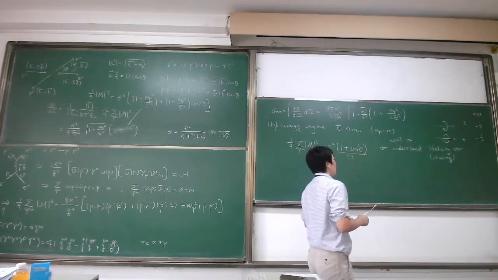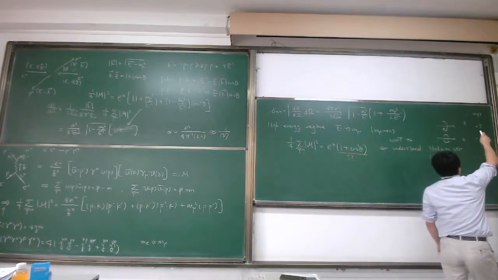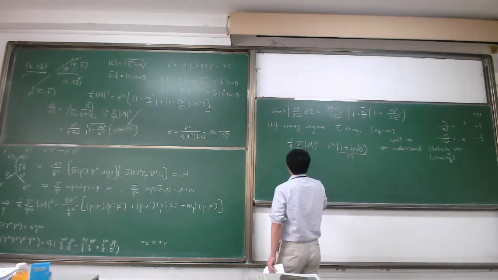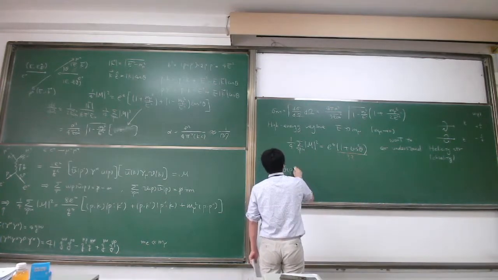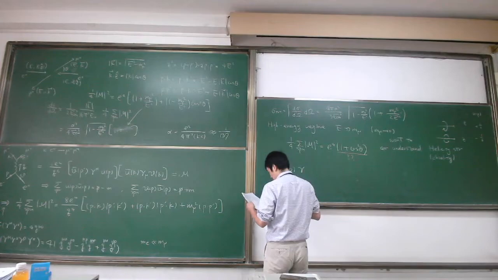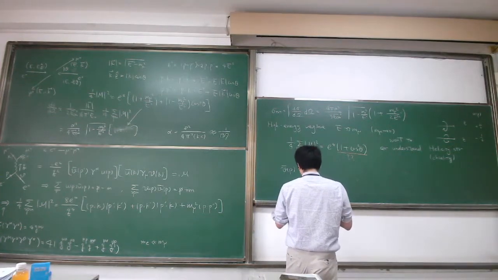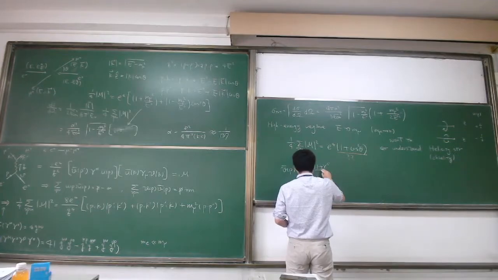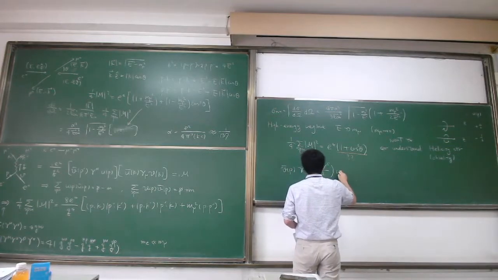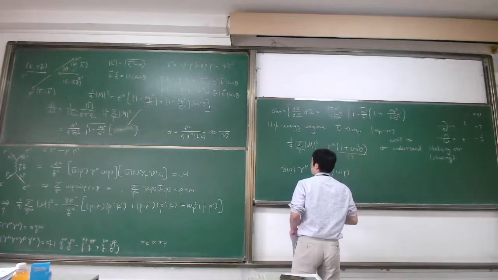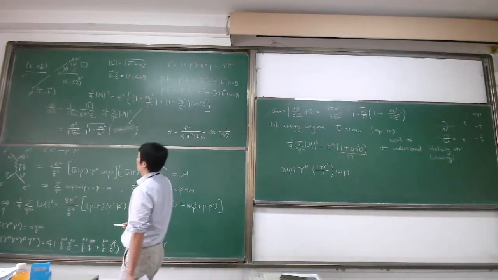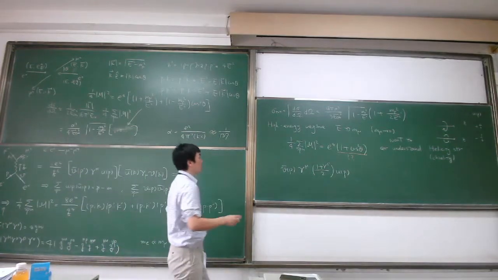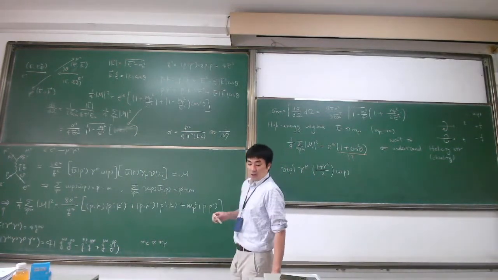So going to spin up and spin down, what we can do is just insert this. Here, I think it should be P prime.